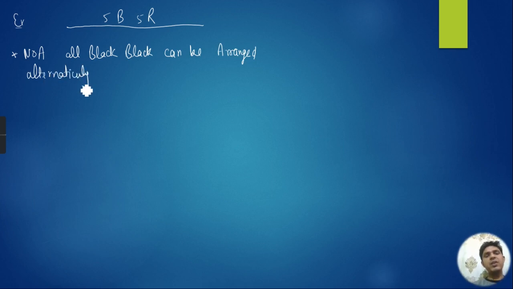So students, when talking about permutations, alternate arrangement is also an important thing. For this question, the first thing is to look at what is asked: the number of arrangements such that all black balls can be arranged alternately, right?